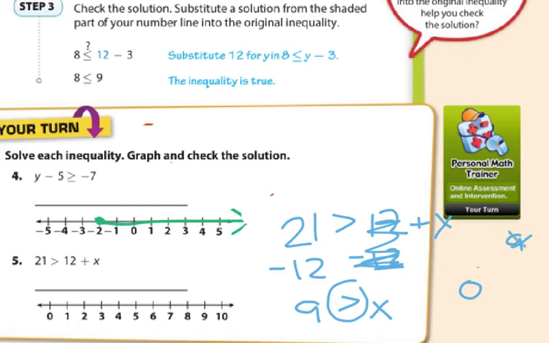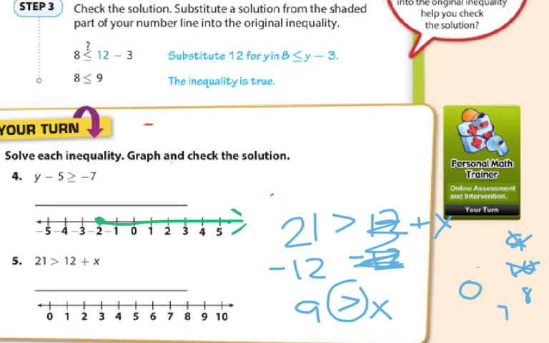No, because it doesn't include it. Can x be 10? No, because 9 is greater than x, and so x has to be smaller than 9, so that means that x could be 8 or 7. Does that make sense? It could be 8 or 7, something like that.